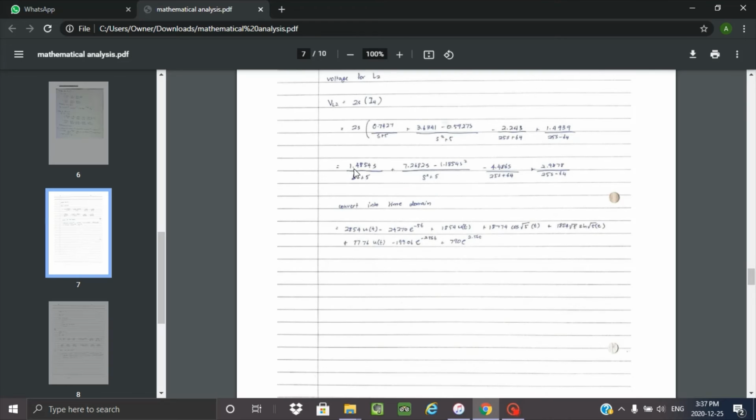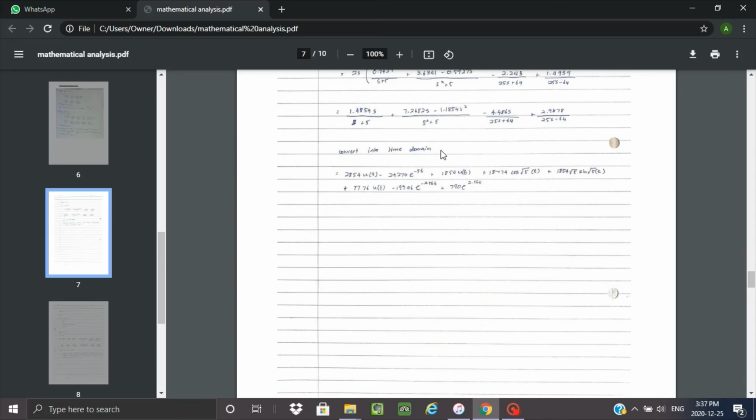We get the equation 1.4854 s per s plus 5 plus 7.2682 s minus 1.1854 s squared per s squared plus 5 minus 4.486 s per 25s plus 64 plus 2.9878 per 25s minus 64.